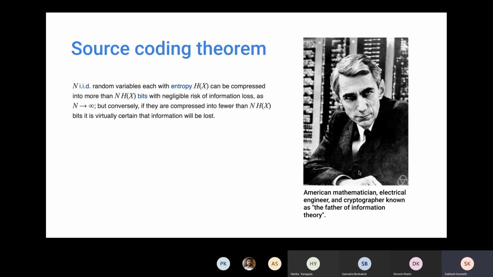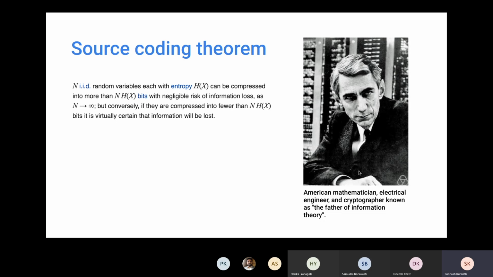And there is a theoretical backing for this coding theory, known as the source coding theorem by Shannon. It says how many bits are required to code information. Say you want to represent 256 gray shades, like 0 to 255 values.